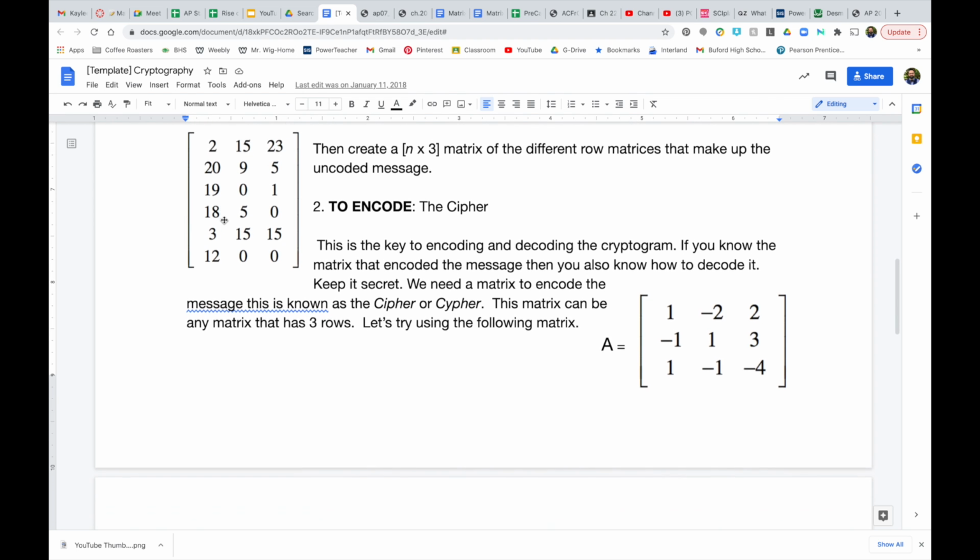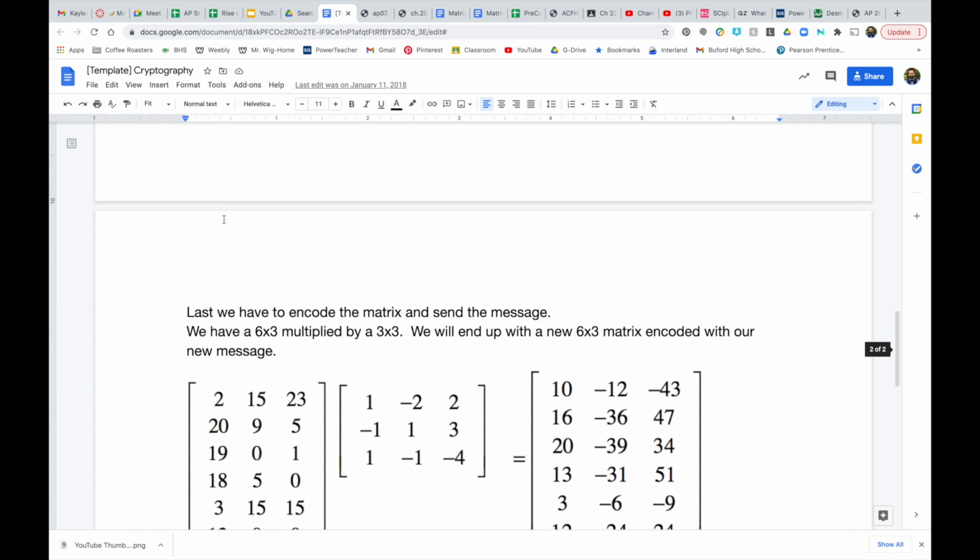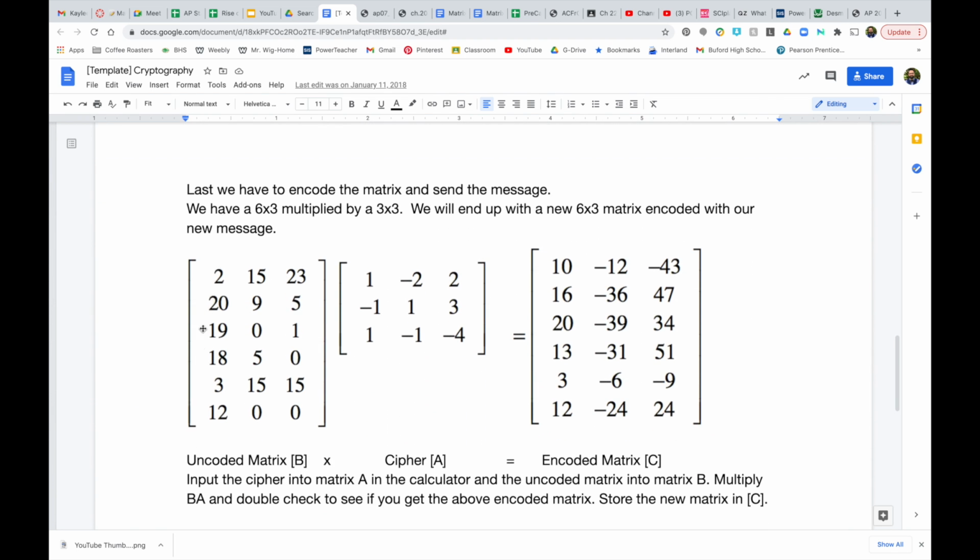So I'm going to create an equation so that we change my numbers from the original numbers that correspond to letters into other numbers that don't necessarily correspond to anything. If someone were to get your encoded matrix, they would have a very difficult time decoding it back into the original statement without having your cipher.